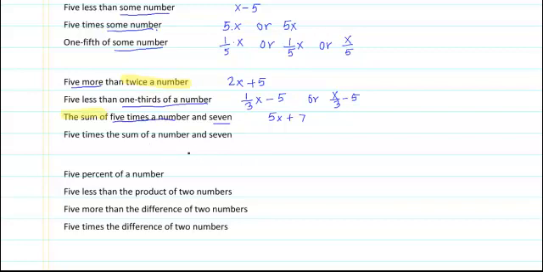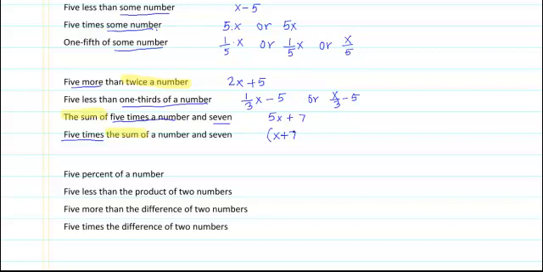In the fourth example, we have 5 times the sum of a number and 7. So this time we need the sum of a number and 7. So let's start there. A number and 7, the sum of those 2 things, and then we need 5 times that.